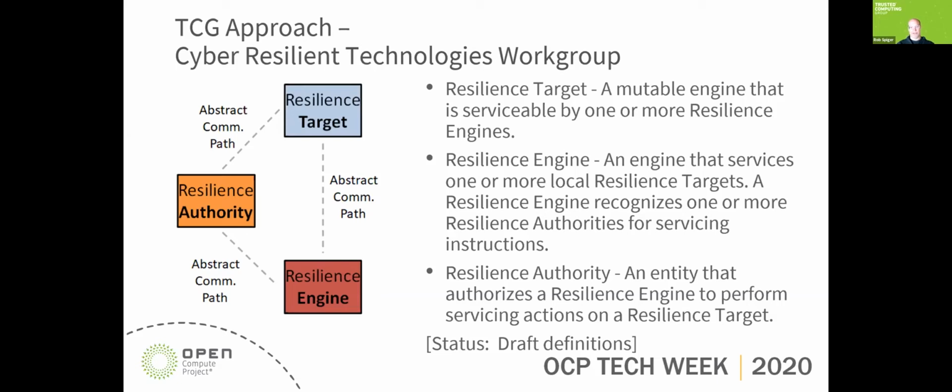All of those things could involve processes and organizations, could involve manufacturers signing code so it can be installed in a device in a way that's compliant with its secure update mechanisms. All of those things we've just encapsulated into something we've called the resilience authority. It could involve an organization's IT department and the manufacturer. In a consumer scenario, it could just be the manufacturer pushing out updates or removing infections.